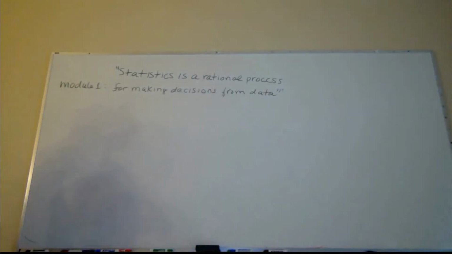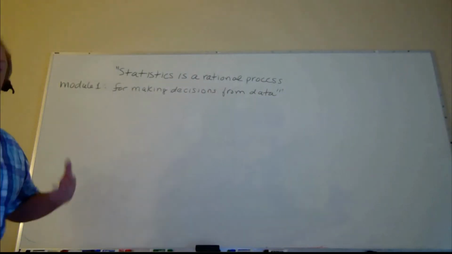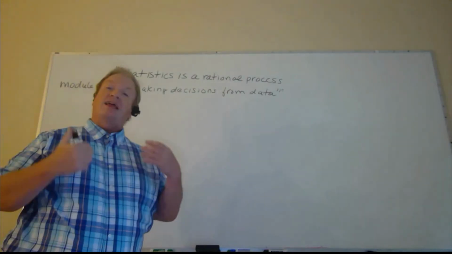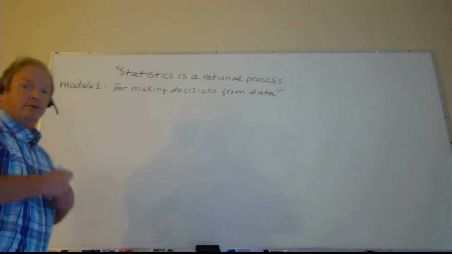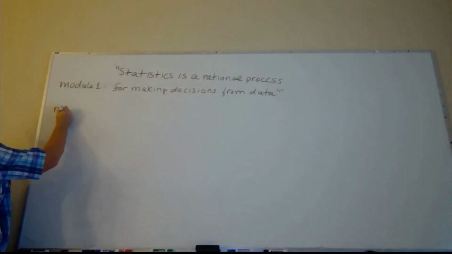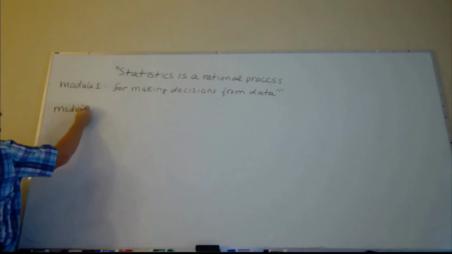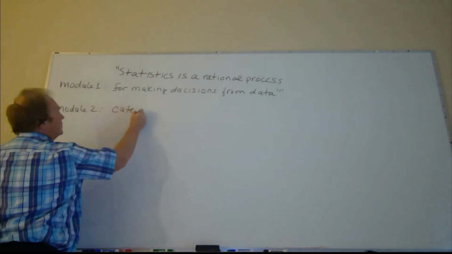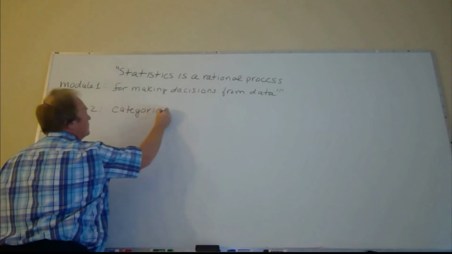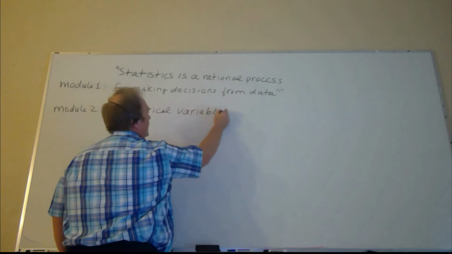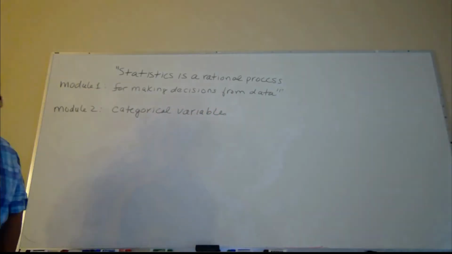And so we started our first step towards demonstrating this goal by introducing categorical variables. In Module 2, we started talking about categorical variables. These are variables whose values take on categories.